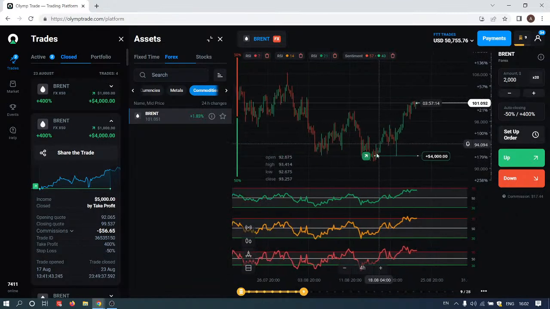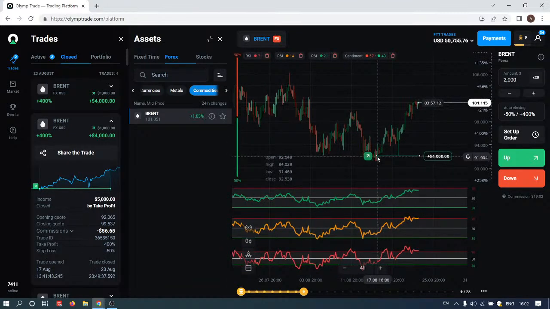I think it was last Thursday, right? We had this situation where we had a level of support, and I kept my trade up until yesterday. I opened it on the 17th of August and closed it on the 23rd of August, the day before yesterday.